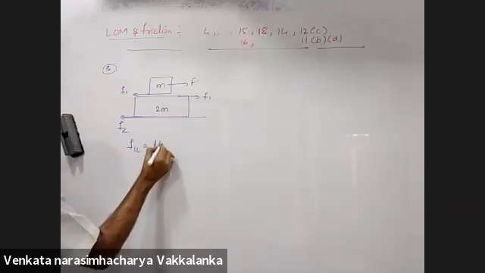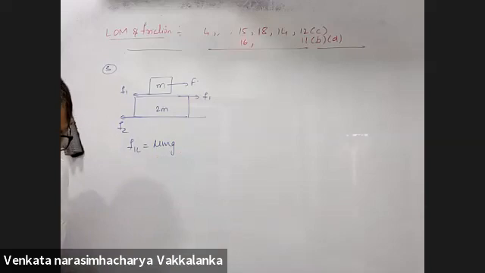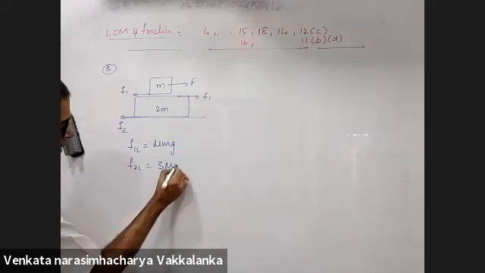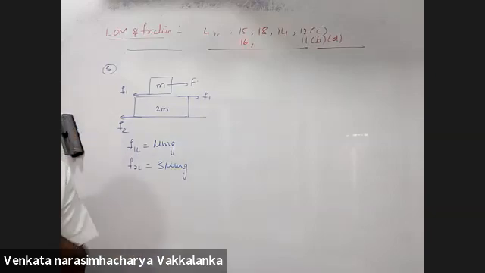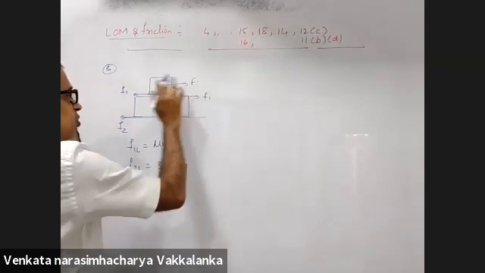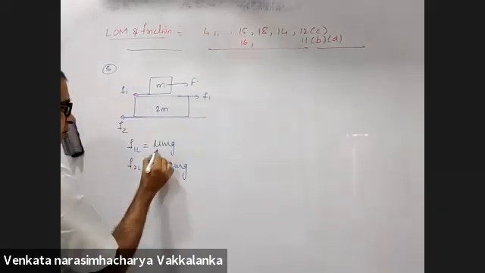F1 limiting is mu mg. Do you agree with that? Yes, sir. F2 limiting is 3 times mu mg. Now, whatever may be this force, the maximum frictional force F1 is mu mg.